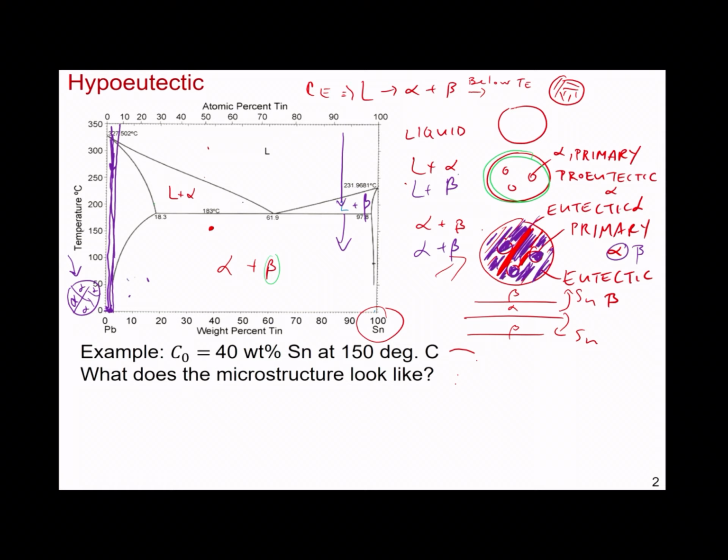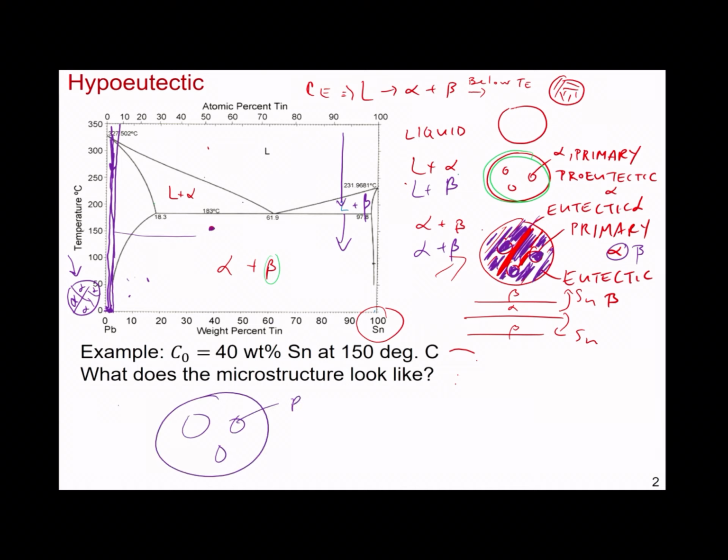Okay, so the question is, what does a microstructure look like? It looks something like this. So below 150, you're right here. Let's go back. It looks exactly like this right here, right?